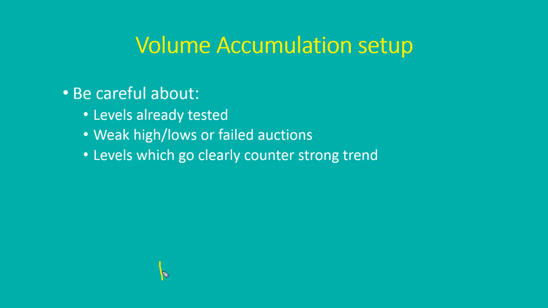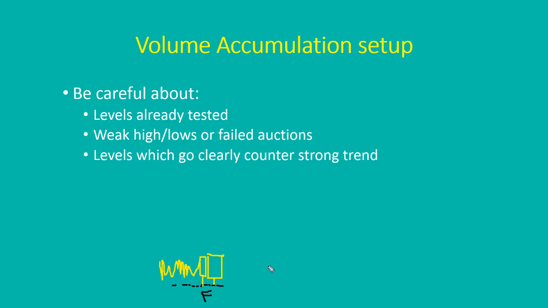So if there's some rotation, and let's say that in the rotation there are candles like those two ending at the same price level like this, then this is a failed auction.